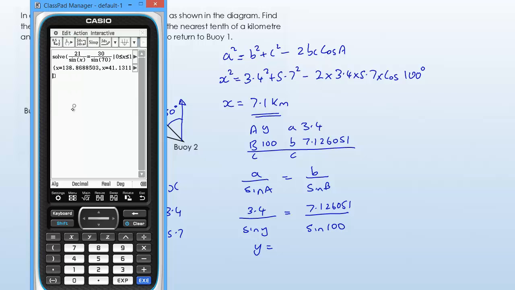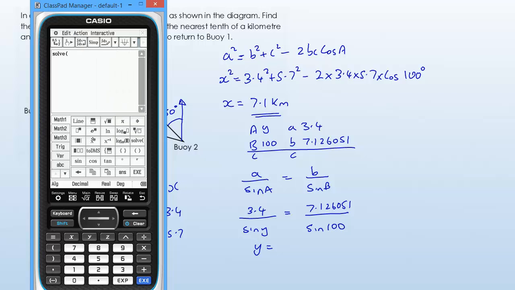We're just going to go back to here, and we're going to solve, fraction equals fraction. And what have we got? So we've got 3.4 over sine, well it's y, but I'm going to use x.